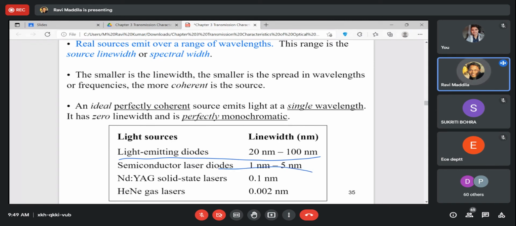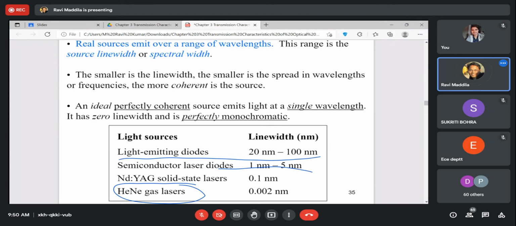And semiconductor laser diodes, what is shown here is 1 nanometer to 5 nanometers, but even this has come somewhat lower by some advanced techniques of semiconductor laser fabrication, which involve distributed feedback and distributed Bragg reflections. So by involving advanced techniques, it's possible to reduce this line width even further.